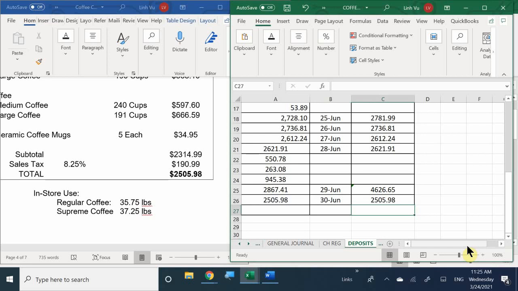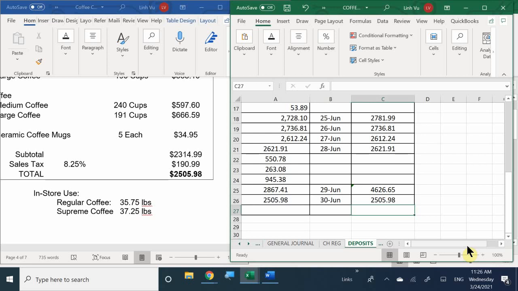So from here on out, we are done with our inventory work. Well, actually, no, forget what I said. We are done with our subsidiary ledger. To the best of my knowledge, the subsidiary ledger is done.